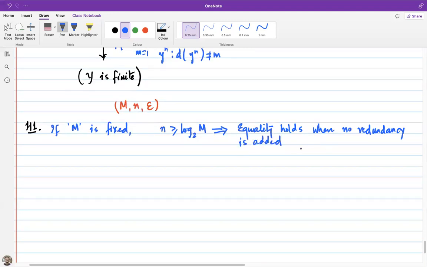Now, if there is no redundancy added, then you cannot make sure that you have things under control. That means you don't know that the probability of error can be brought down below this value called epsilon.